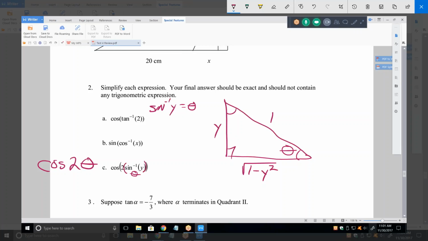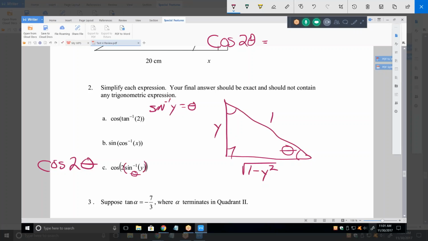Okay, now, we know what theta is in terms of y, but we don't know what cosine of 2 theta is. So let's talk about the identity. What is the cosine of 2 theta equal to? There's 3 of them.